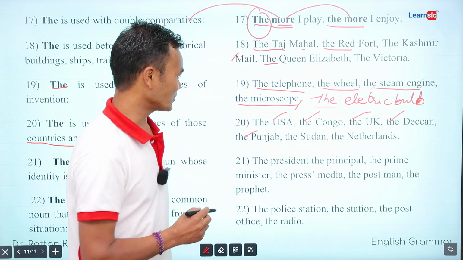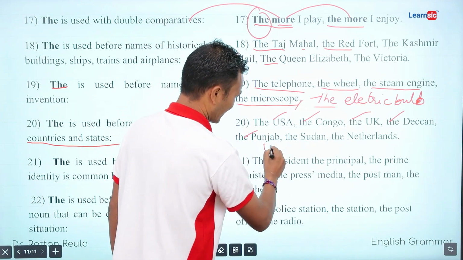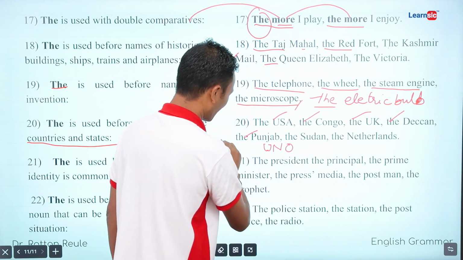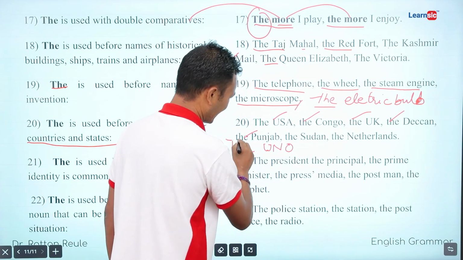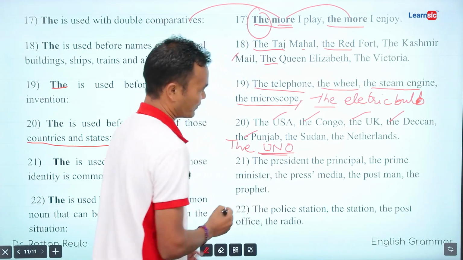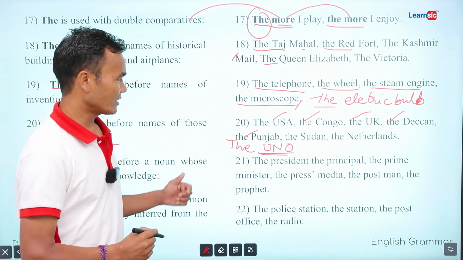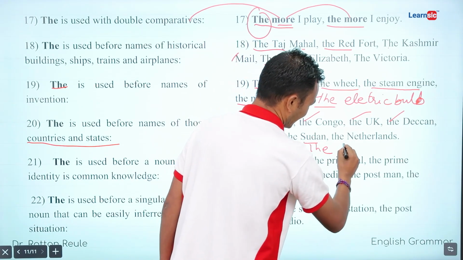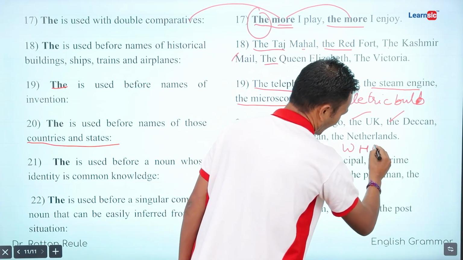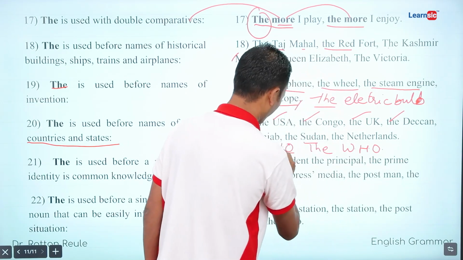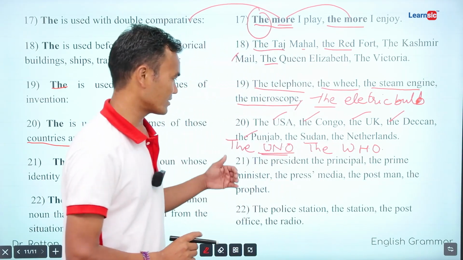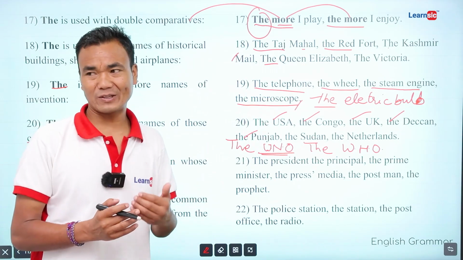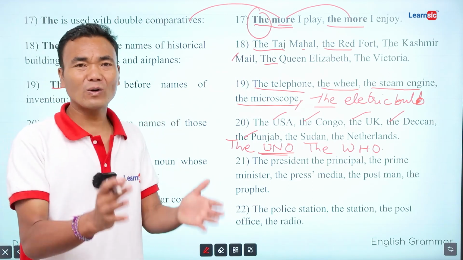And one more thing I want to tell you, nowadays we are using the article before abbreviations, the UNO, the WHO, United Nations Organization or World Health Organization.